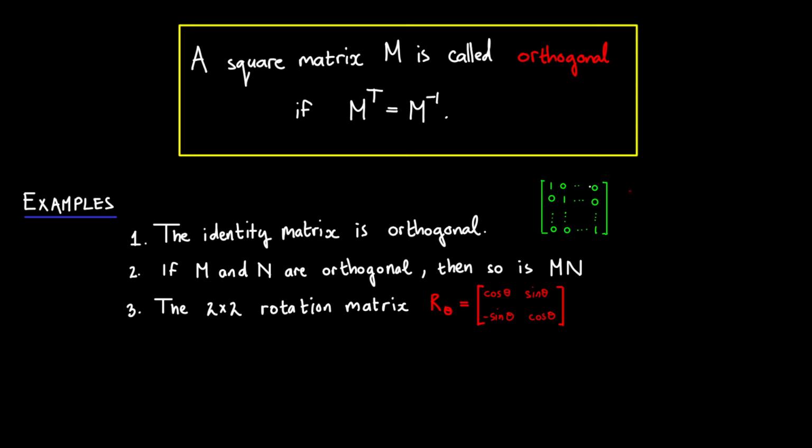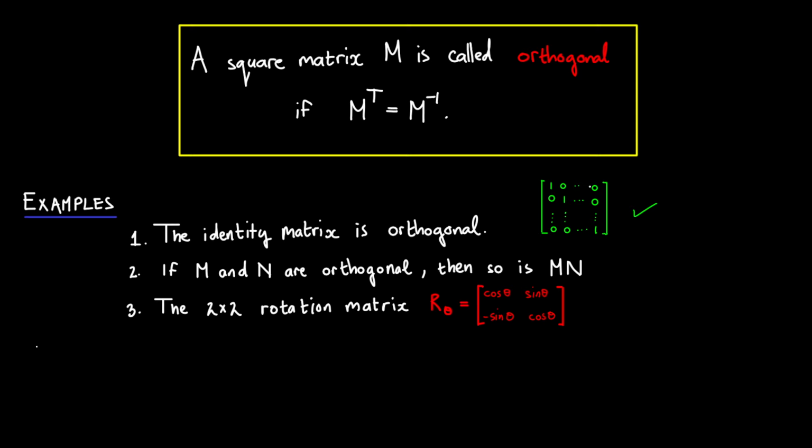The most primitive example is the identity matrix, which is given here. You can see the transpose equals itself, and because the identity is its own inverse, this property trivially holds. It's also quite easy to see that if you take two orthogonal matrices and you multiply them, you'll get another orthogonal matrix. So let's see how that works.